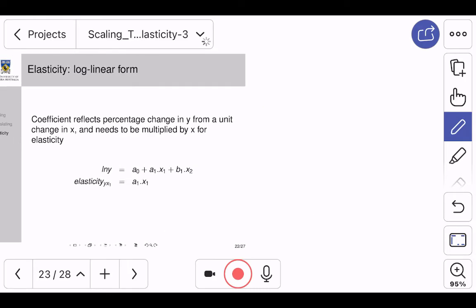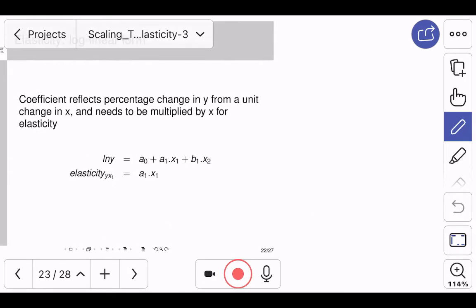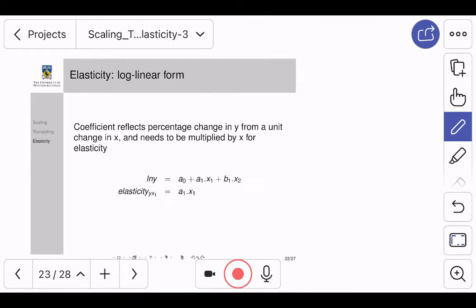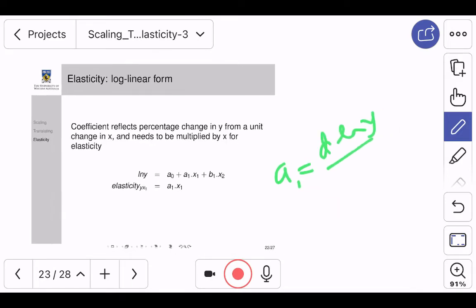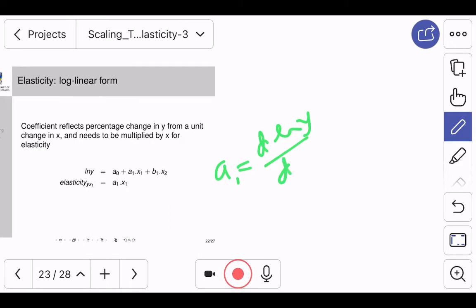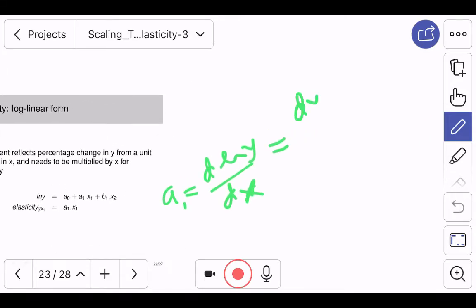What happens if we have a log linear? Well, in this case, a1 is simply the change in the logged value of y with respect to the change in x. Okay, and we know the change in the logged value is a proportionate change itself, but we have just x here, not the proportionate change.